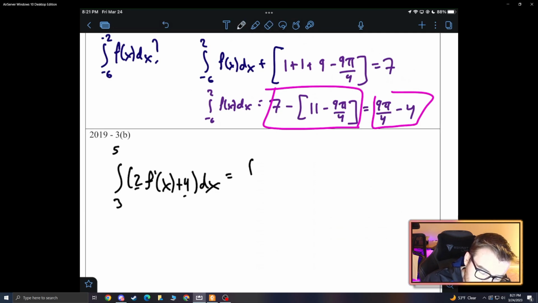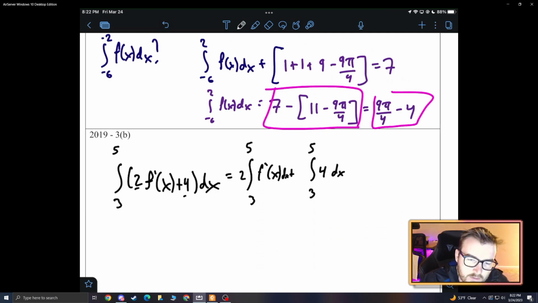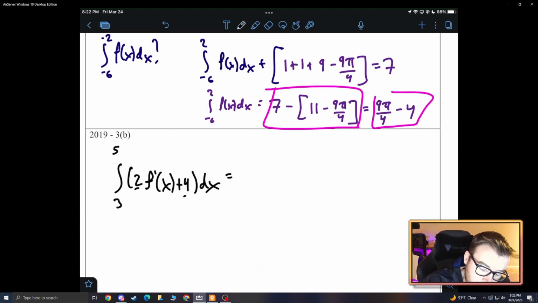I'm going to write this as the integral of 2f prime of x from 3 to 5 plus the integral of 4 from 3 to 5. You see what I'm doing there? It just kind of makes life maybe microscopically simpler, maybe. Actually, no, I don't think it does. I'm going to abandon my idea.